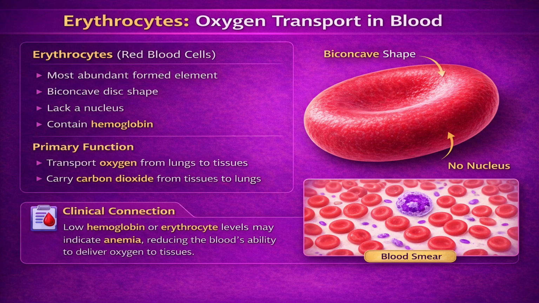For this reason, laboratory tests such as hemoglobin levels and hematocrit measurements are important indicators of a patient's oxygen carrying capacity. A low hemoglobin or erythrocyte level may indicate anemia, reducing the blood's ability to deliver oxygen to tissues.